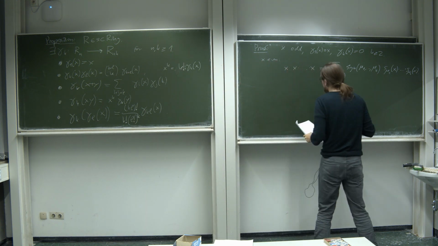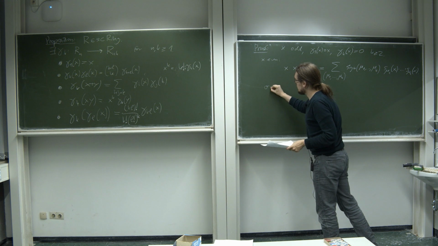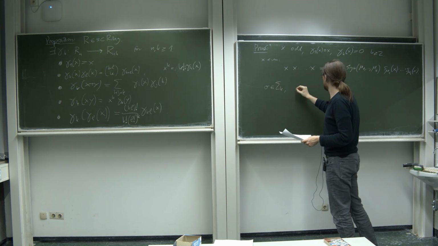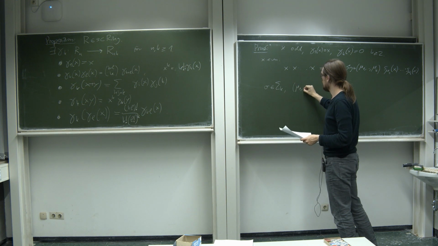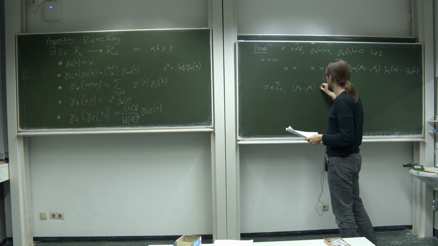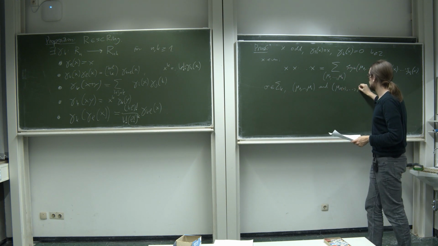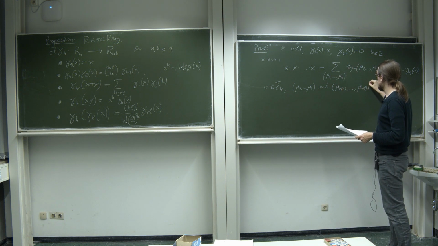So one way to think about this is for every permutation sigma of k elements, mu1 to mu k and mu sigma 1 to mu sigma k give the same summand.